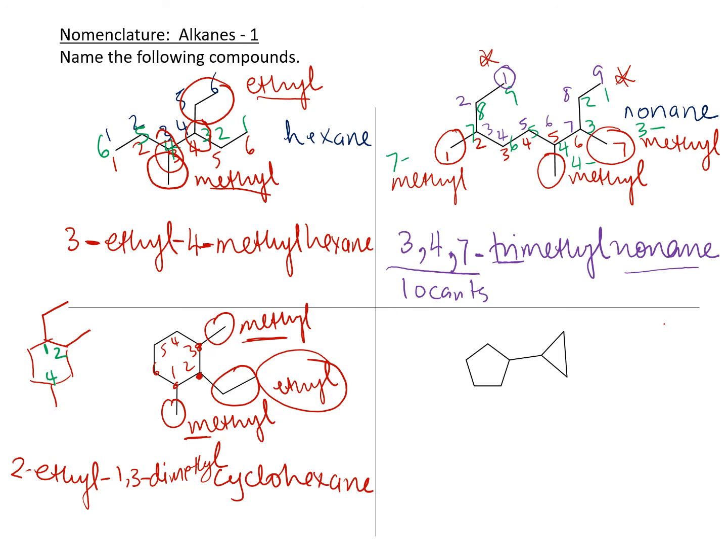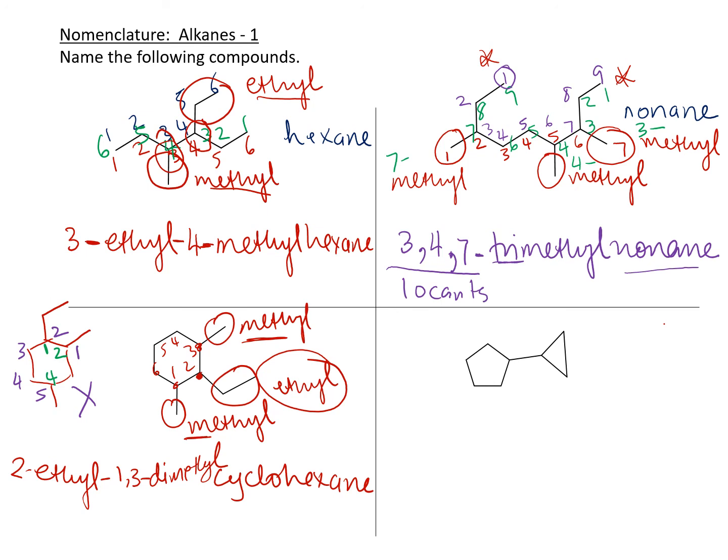You can try numbering in different ways and see which one gives you the lowest numbers. You could try from the methyl group and see how that numbering goes. So it's 1, 2, 3, 4, 5. That's not going to work, because then one of the groups is getting a higher number. So you want to make sure that you keep the lowest numbers possible. So that's how you work cyclic compounds.